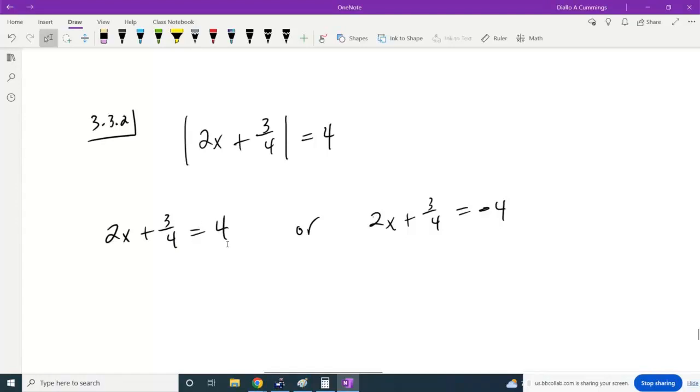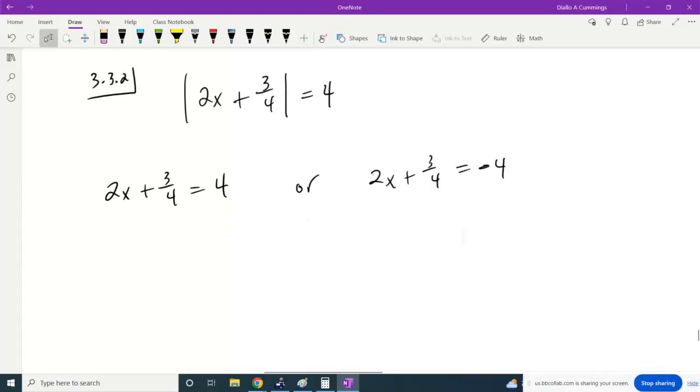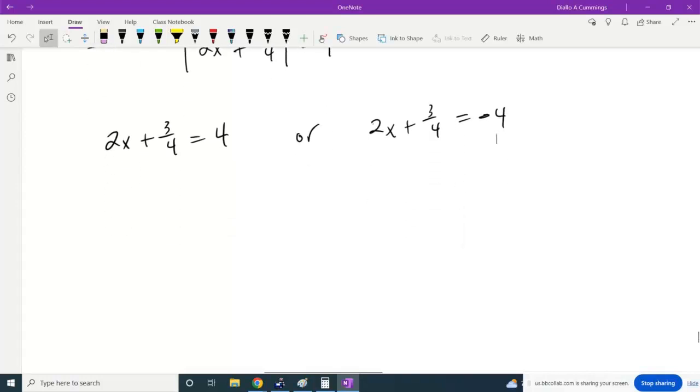So I'm going to multiply both sides by 4. So 4 is multiplied by the left-hand side and the right-hand side. This should automatically remove any parentheses, any fractions that we have.